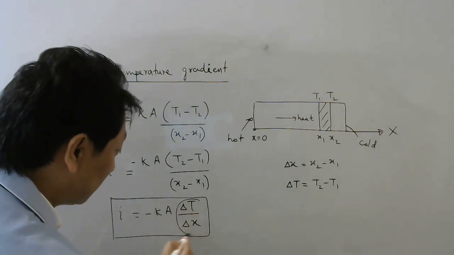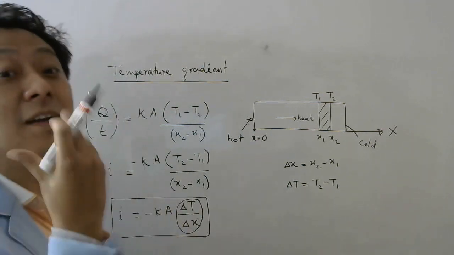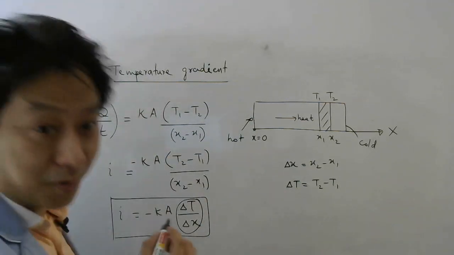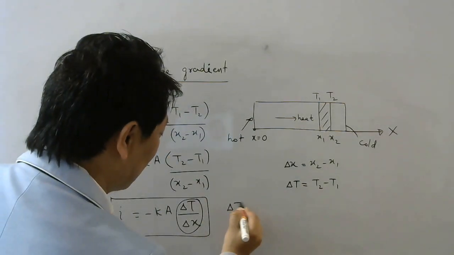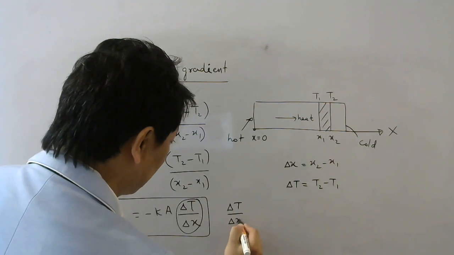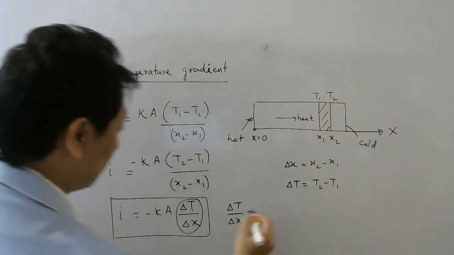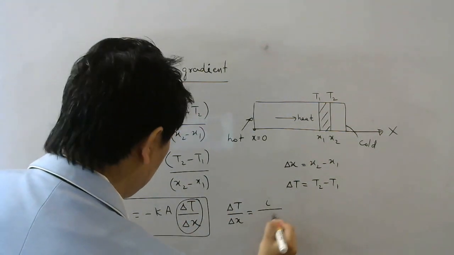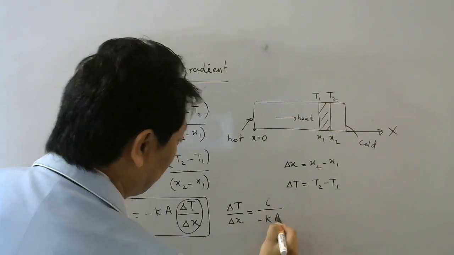Now this ratio is what is called temperature gradient. So the temperature gradient will be delta T by delta X, which will be equal to, if you cross multiply, I by minus Ka.